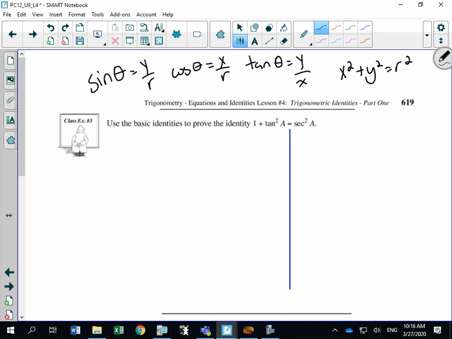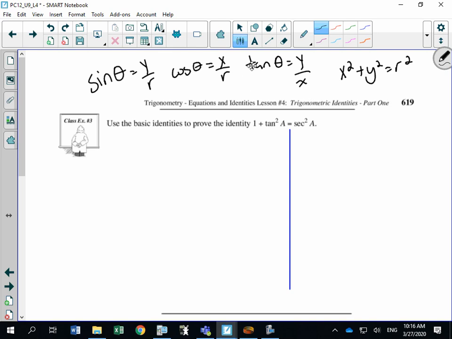Okay, so let's prove this identity. I always like to draw a line, and I'm going to try to get left-hand side to equal right-hand side. So secant squared of a. We know that secant is the reciprocal of cos, right?